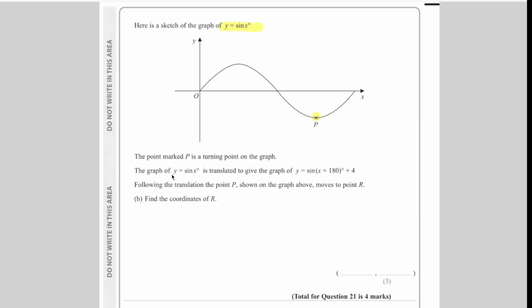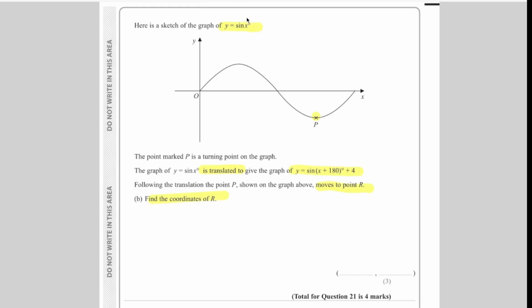The graph of y equals sine x is translated to give the graph of y equals sine of (x plus 180 degrees) plus 4. Following the translation, the point P shown on the graph above moves to point R. Find the coordinates of R.